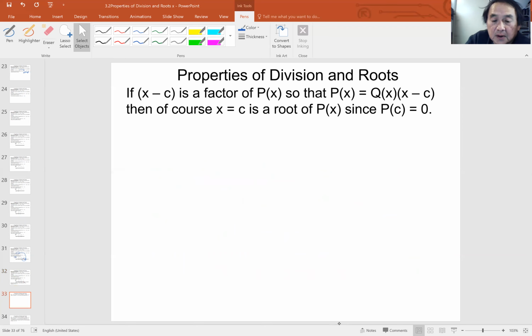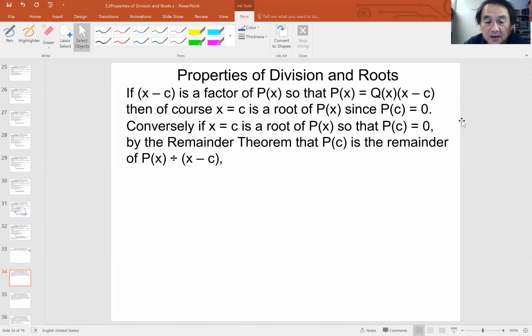In particular, if the remainder is 0, then we have p of x equal to the quotient times x minus c. So if c is a root, the remainder r is 0, remember there's an r over here, and that's 0. Therefore x minus c has to be a factor.